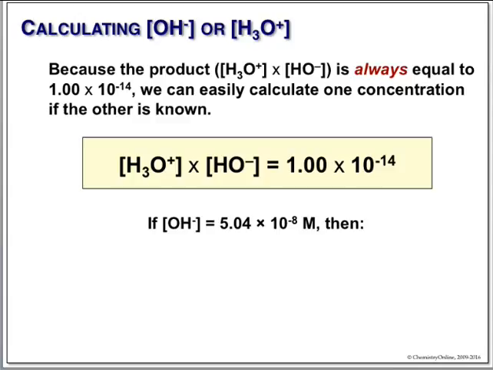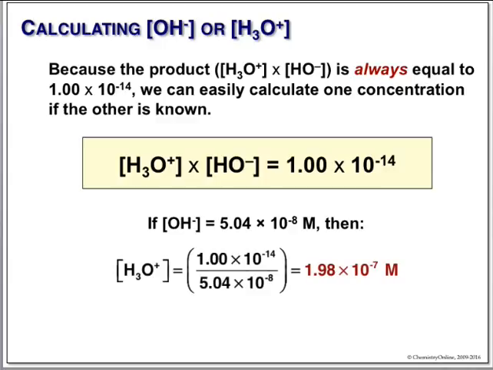Well, if this times that is always 10 to the minus 14, and we know this, all we have to do is divide 10 to the minus 14 by hydroxide, and we get hydronium.